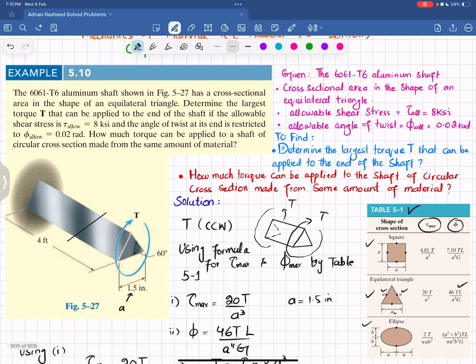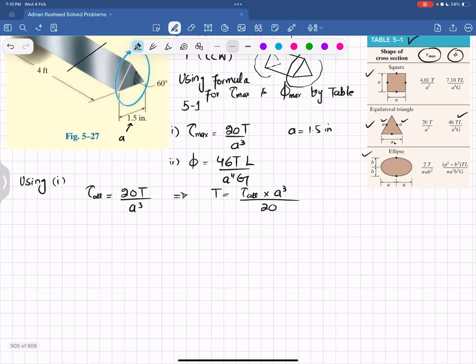Again, you can see the allowable shear stress is 8 ksi, and we will put in the value. So 8 into 10 raised to power 3 pound per square inch. A is also given as 1.5.